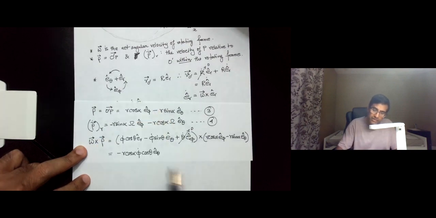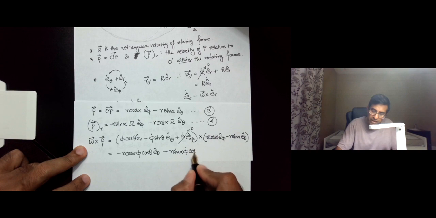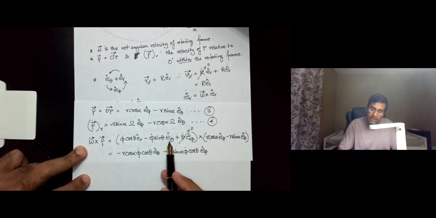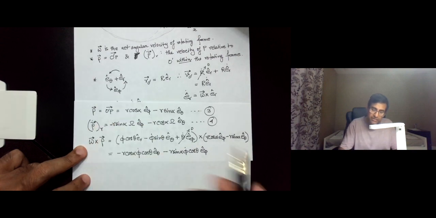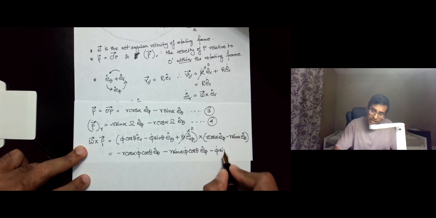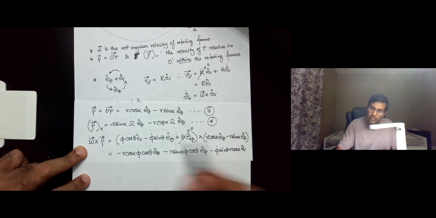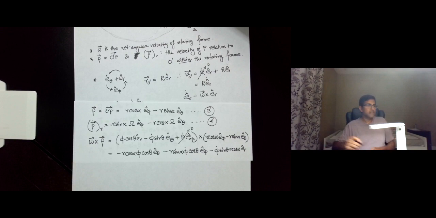R cross theta gives phi, so we will have minus r sine alpha phi dot cos theta e phi. Then we have theta cross phi, which gives e r, so we have negative phi dot sine theta r cosine alpha e r, and we don't need to do the theta cross theta because that's 0.